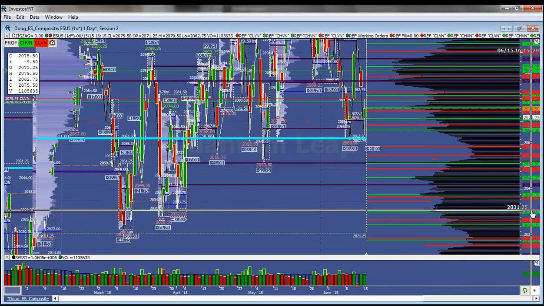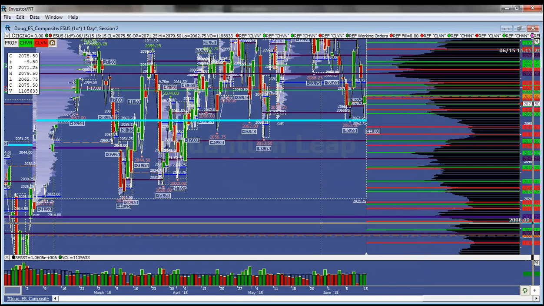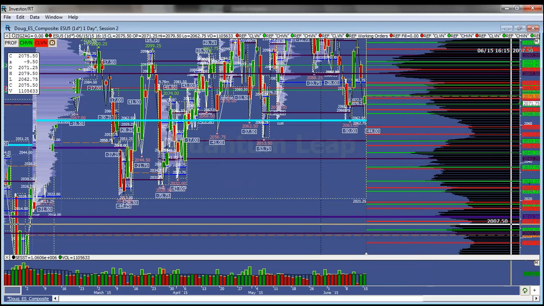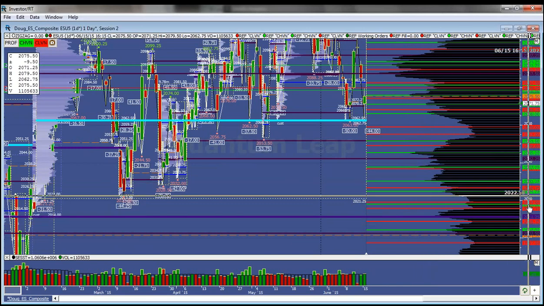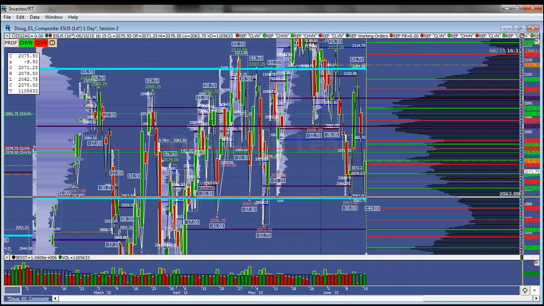42.25, and then the big one is down here, all the way down at 2011.25. This was that 2019 shifted to 2011.25 on the September contract. Right now, balance in this area is 71.